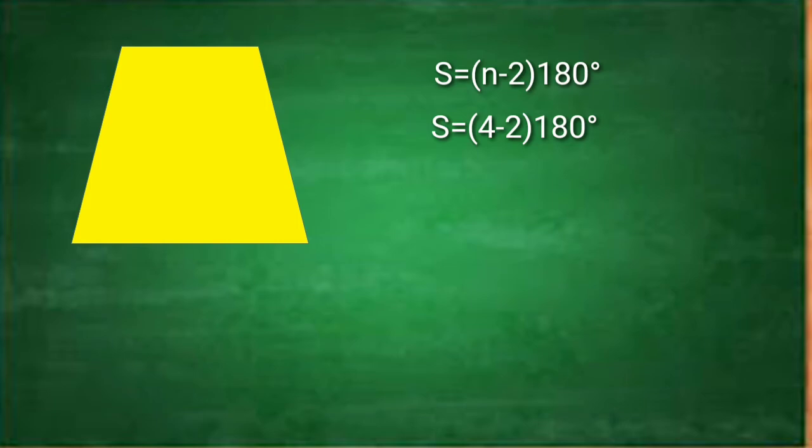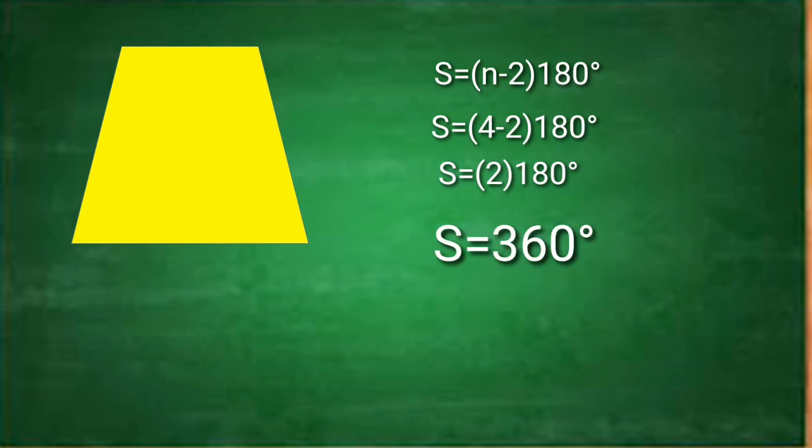Then we subtract 4 minus 2, so we have 2 times 180 degrees. So the final answer is S is equal to 360 degrees. Therefore, a quadrilateral has a sum of 360 degrees.